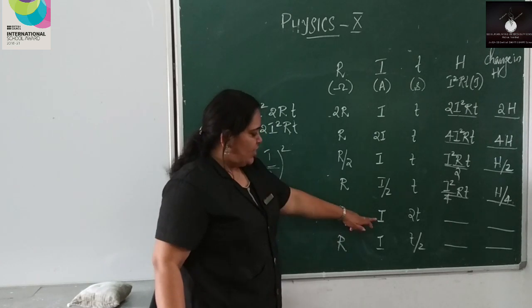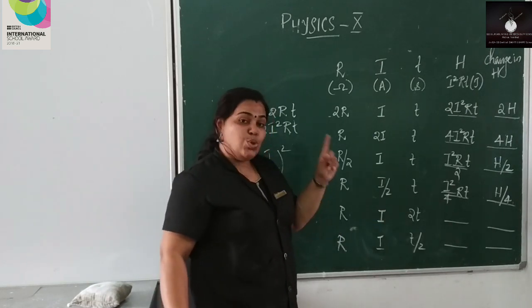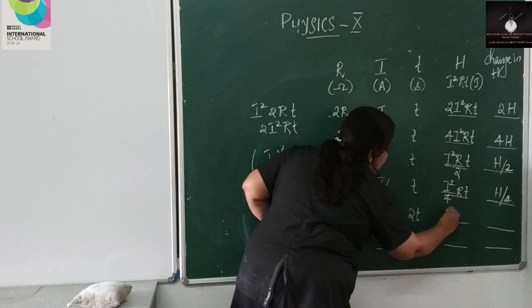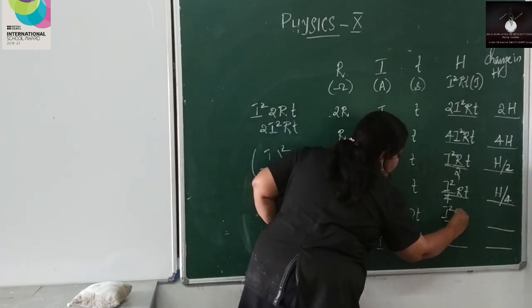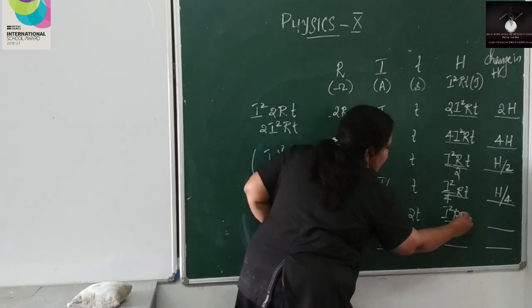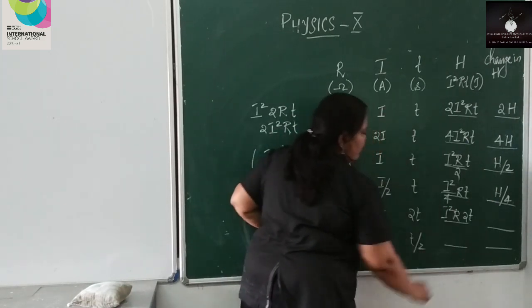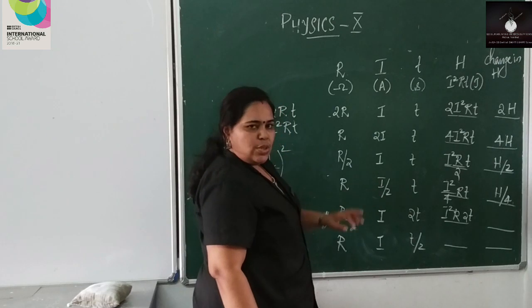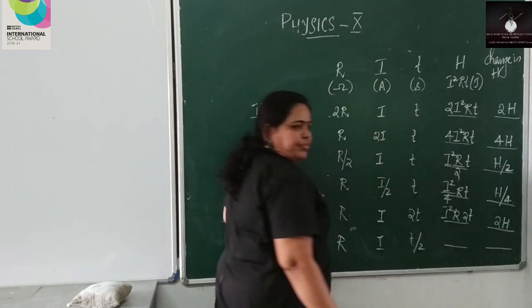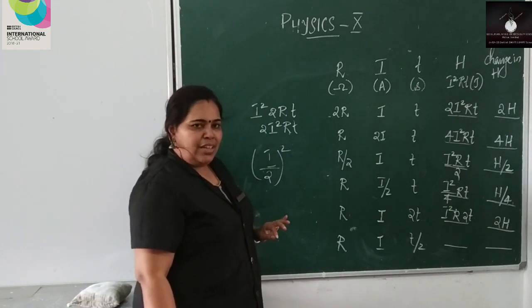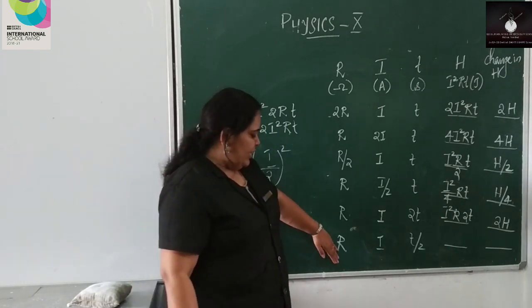Take this case. Resistance R, current I, and time is 2T. Substituting this in the equation, I square, resistance is R, and time here is 2T. So it becomes 2I square RT. So it is 2H. Are you following me? Next, take the last case.